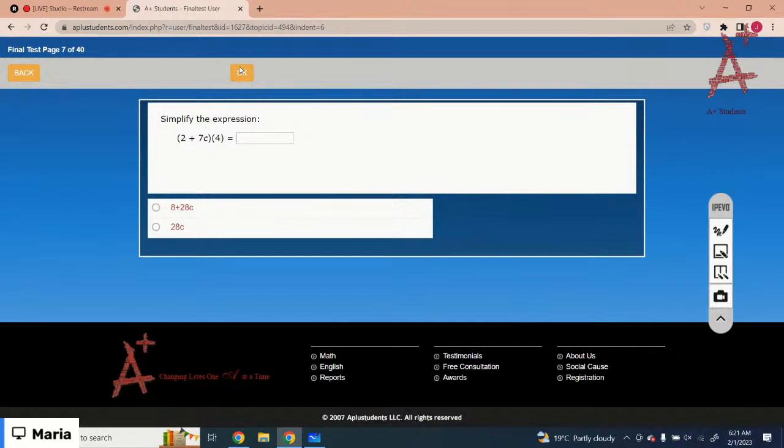Simplify the expression. So you have to multiply 4 times 2 is 8 and 4 times 7 is 28. So it would be 8 plus 28c. Got it?